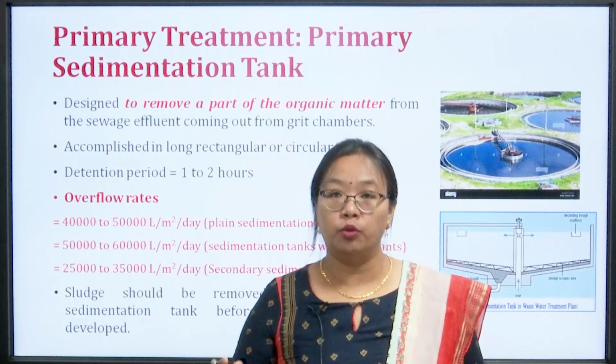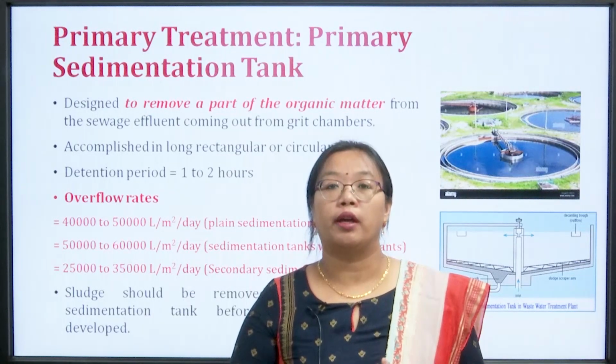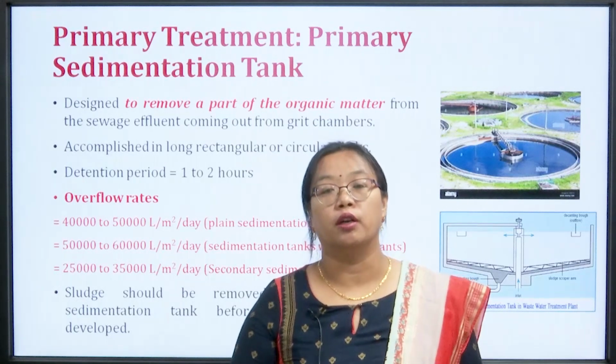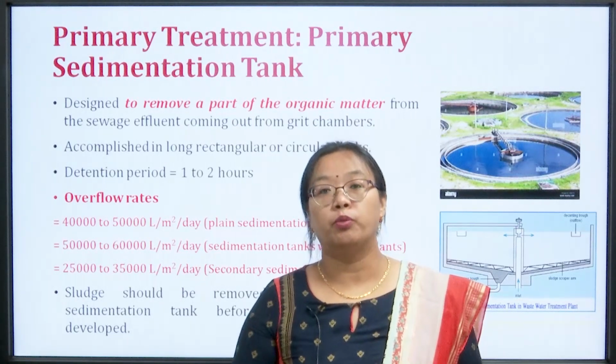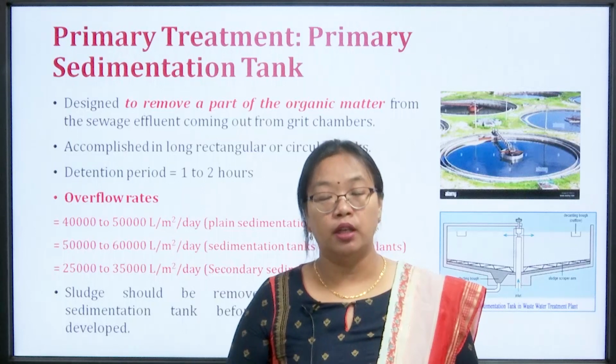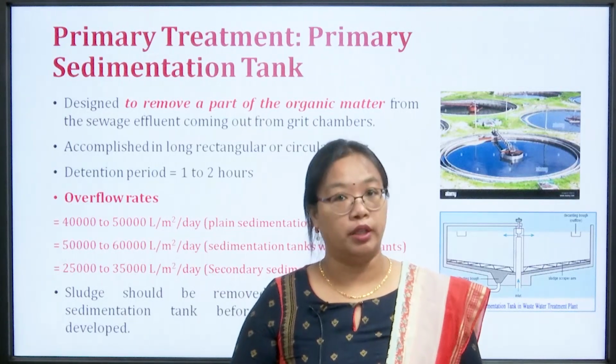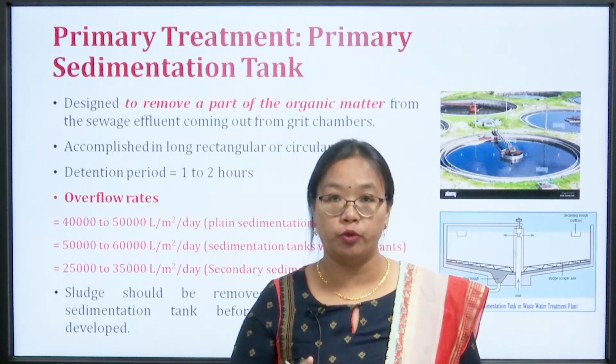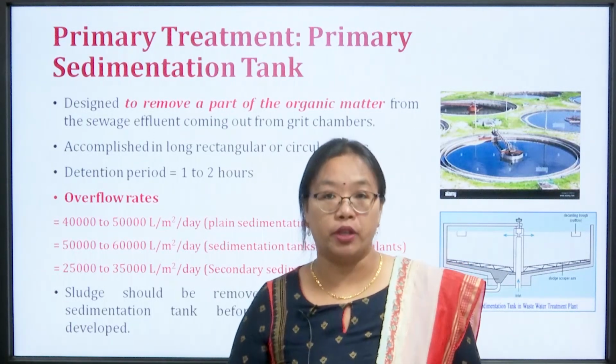It is completely dependent on what you choose for your treatment plant, but most of the time we use grit chambers and screens. After the grit chambers, we will usually put the sedimentation tank.